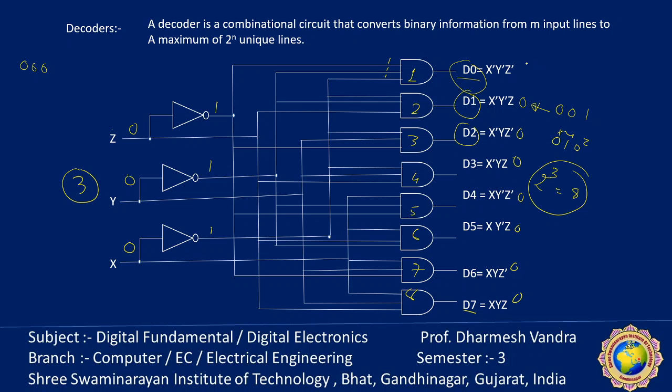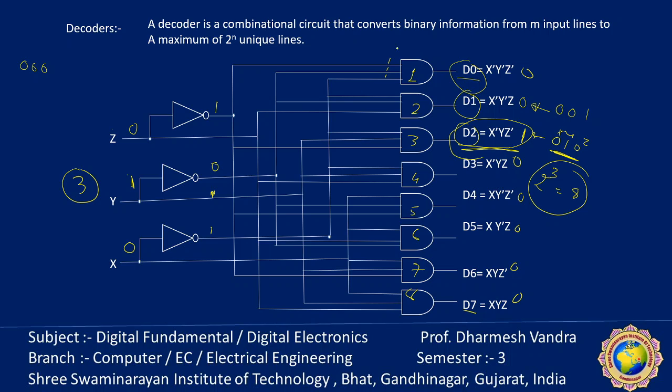So in this combination, D0 is 0 but D2 is 1. Why? Because the input is 0 1 0, so the input here is 1, which means this will become 0 and this is 1. In this combination, only the D2 output is logic high. So in this way the circuit works and it is called a decoder.